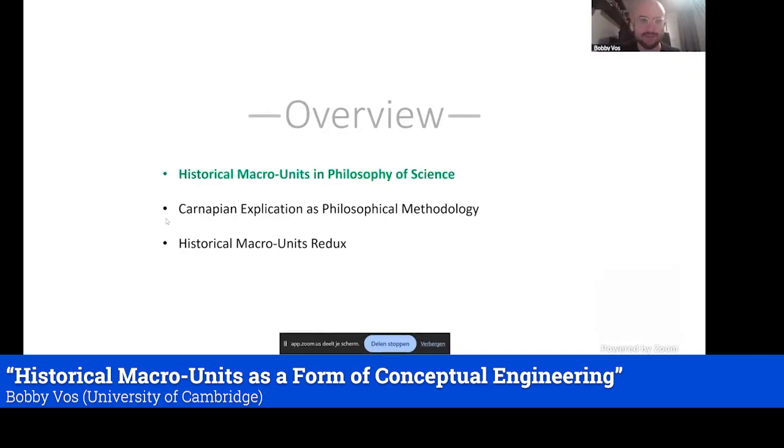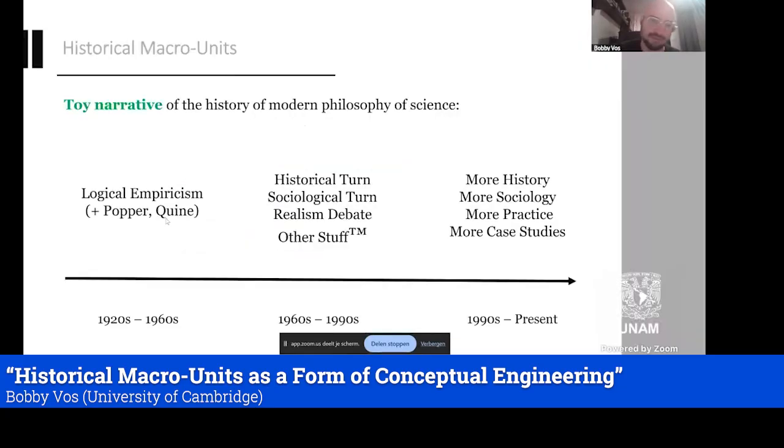Okay, so having said that, let me tell you a bit more then about what I mean by historical macro units. So if we adopt a toy narrative on the history of modern philosophy of science, so I say modern here intentionally, we can always include earlier stuff as well, but at least looking at the 20th century, right, we see this in a lot of introductions to philosophy of science, logical empiricism, who then interacts also with adjacent scholars like Popper, and it might be contentious to place Quine here, but for simplicity's sake, I have done so.